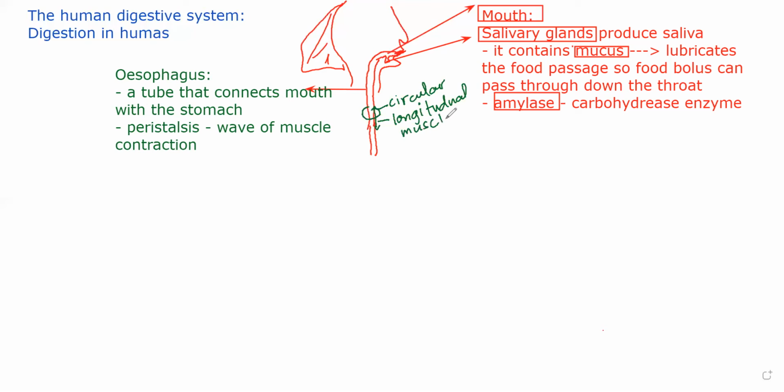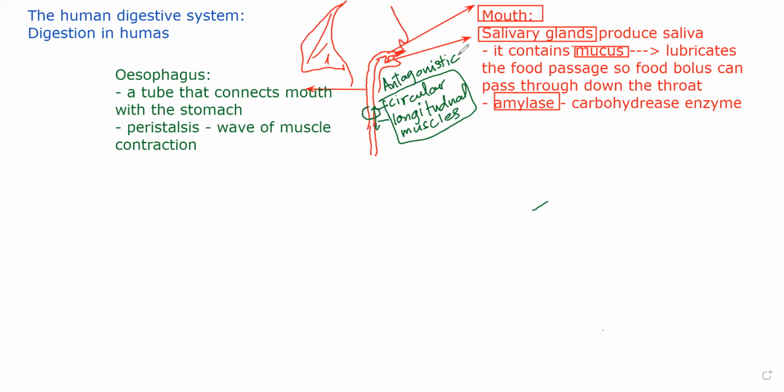These both muscles are basically an antagonistic pair of muscles. Antagonistic means they work in opposition: one contracts, the other one relaxes.